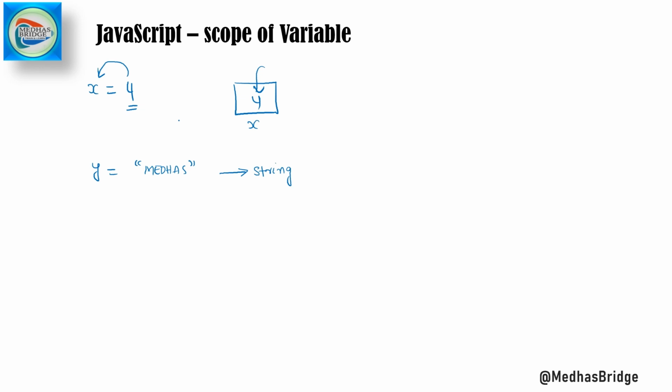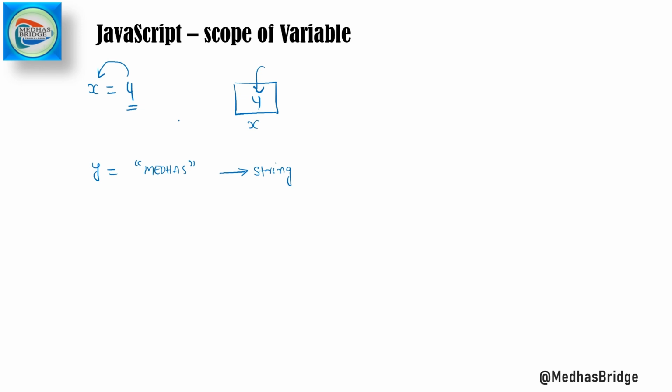So this is what we call a dynamically typed programming language. JavaScript is a dynamically typed programming language, where as a developer you don't need to explicitly declare the data type of the variable. However, there are ways you have to declare the variable.